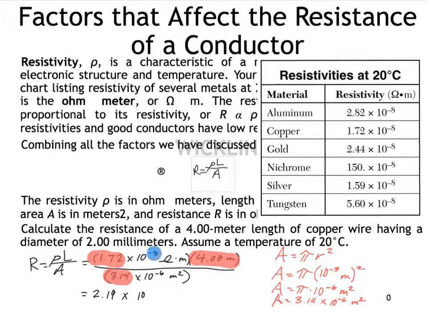In this case, I'm going to do a negative 8, and I'm going to subtract from that a negative 6. Since negative 8 minus negative 6 is the same thing as negative 8 plus 6, I got negative 2. So my answer is going to be 2.19 times 10 to the negative 2. And this is resistance, so the unit is ohm. That is my final answer, 2.19 times 10 to the negative 2 ohm.